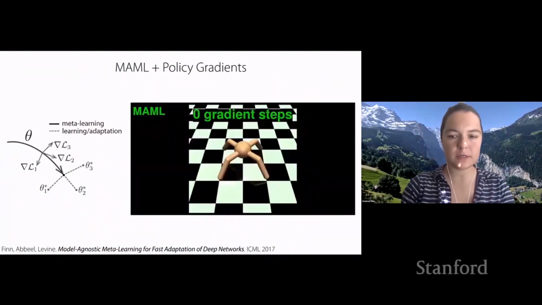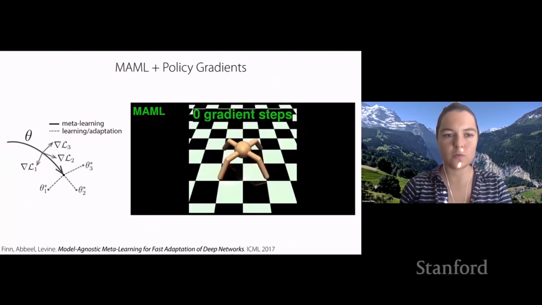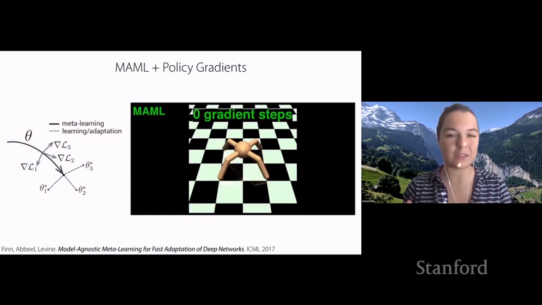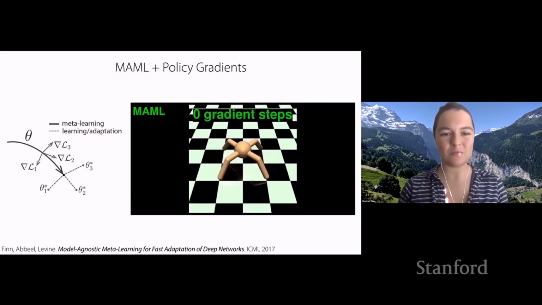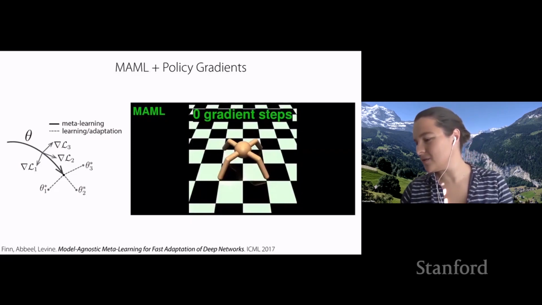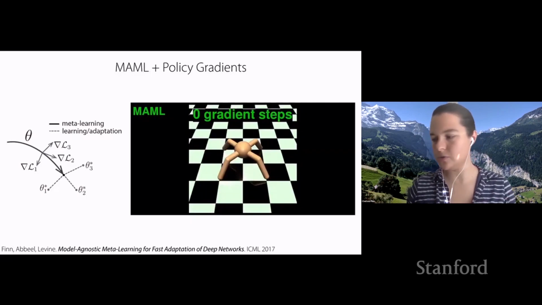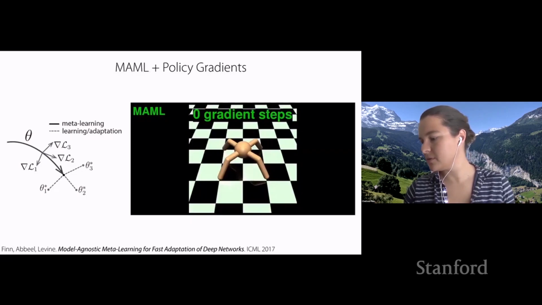Okay, so let's look at a couple examples. If we combine MAML with policy gradients, this will just be a really simple example. Like I mentioned before, combining MAML with policy gradients has some challenges. This is just the example that was in the original MAML paper that illustrates one of the things that you can do with it. In particular, we'll have just two different tasks here.